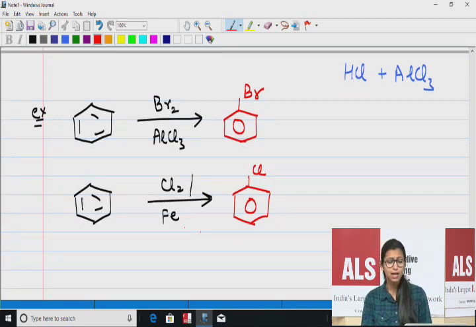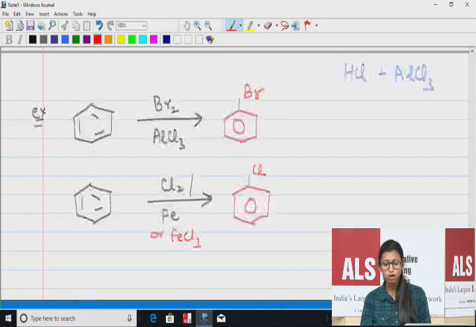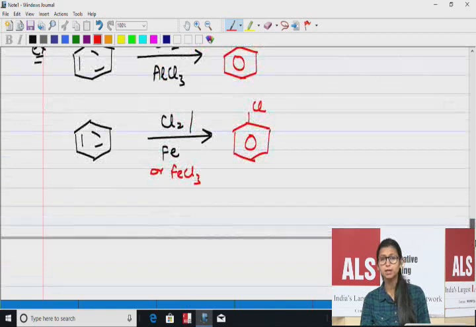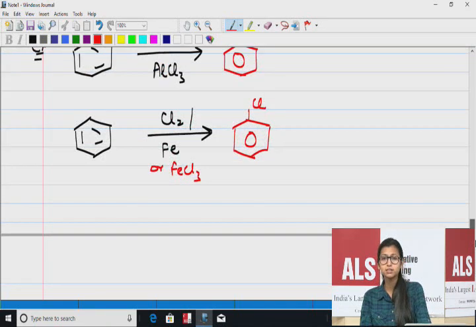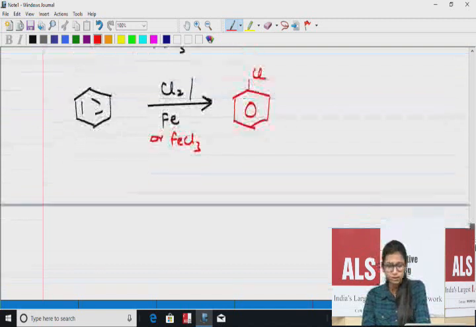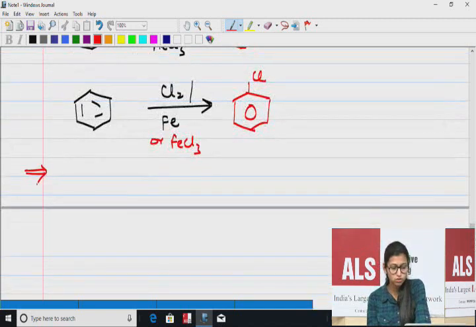Anyone, any doubt? I'm saying you can take Fe also, or you can write FeCl3 also. Okay, these can all be used in place of AlCl3, and you can write this down and make it as a note.